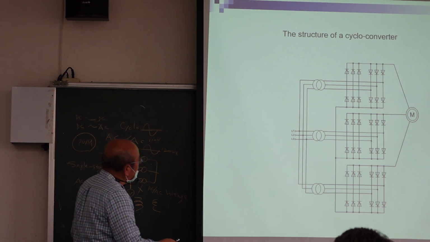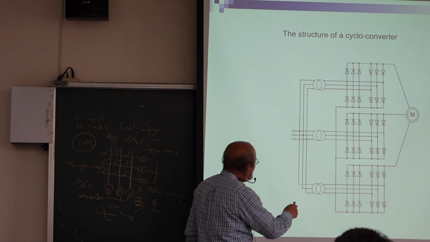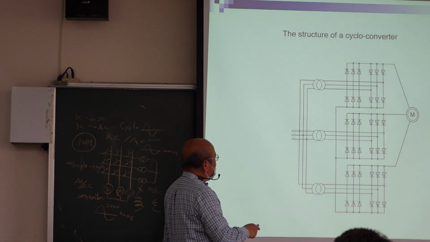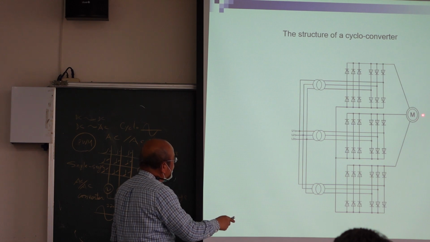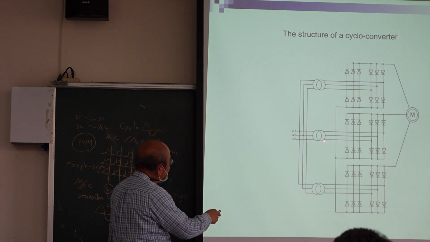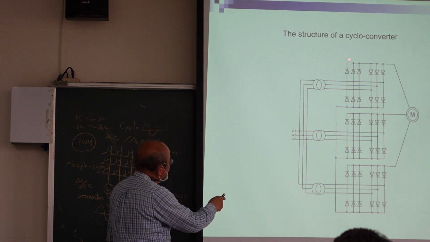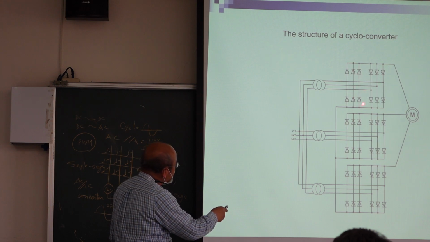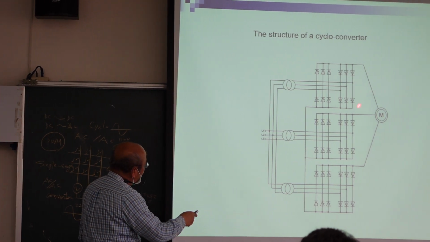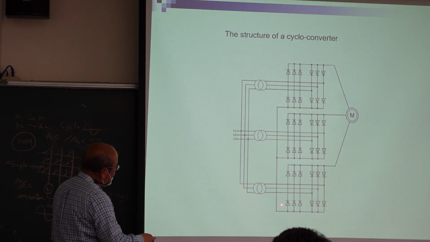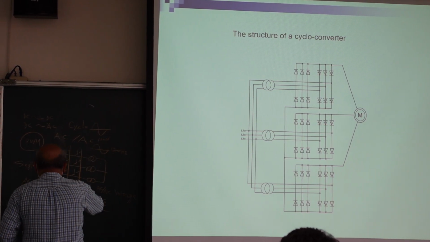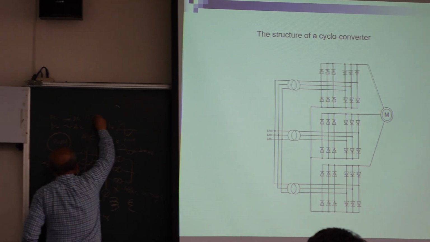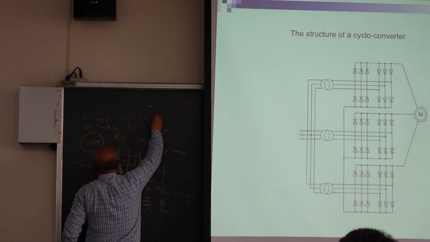So maybe 100 years ago, people proposed this idea. They say, I have a motor here, I have 3 phases here, so how many SCRs do I use? 1, 2, 3, 4, 5, 6. This is 12, this is 12, this is 12. Totally 12 multiplied by 3, that is 36 SCRs.